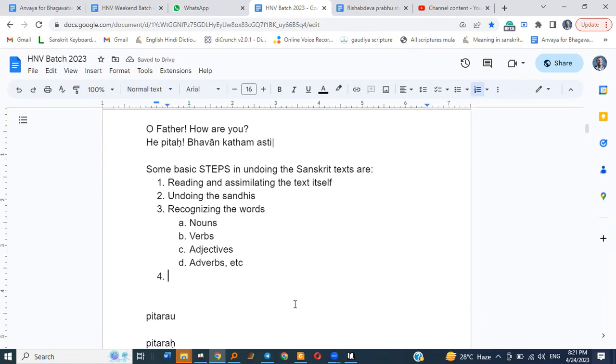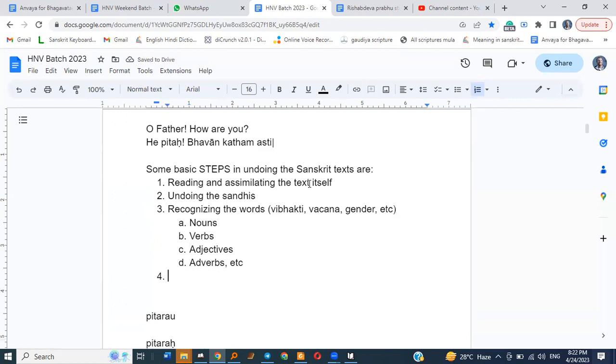Recognizing the words in the sense of which vibhakti, vachanas, singular, dual, plural, gender, and so on. Recognizing all these things.